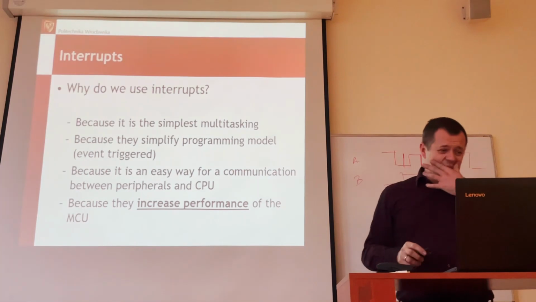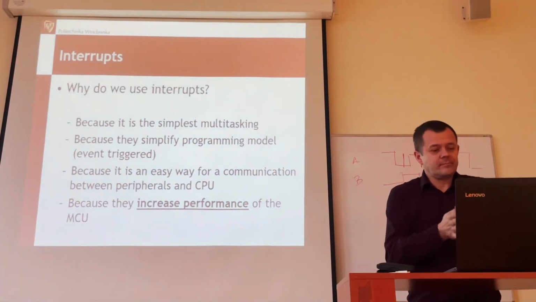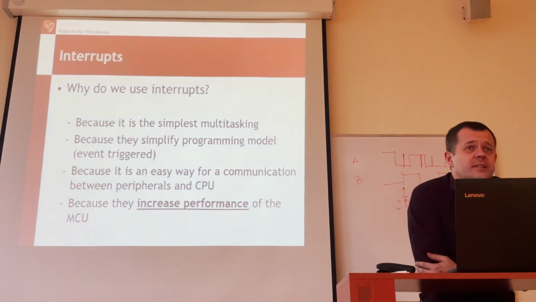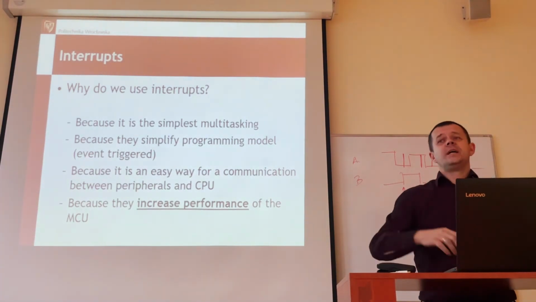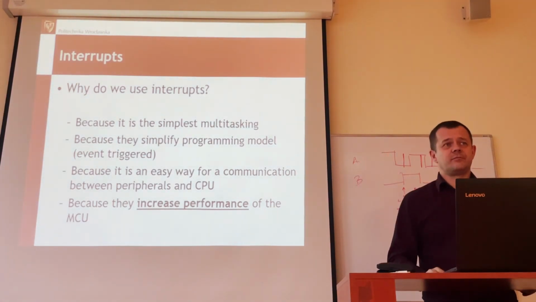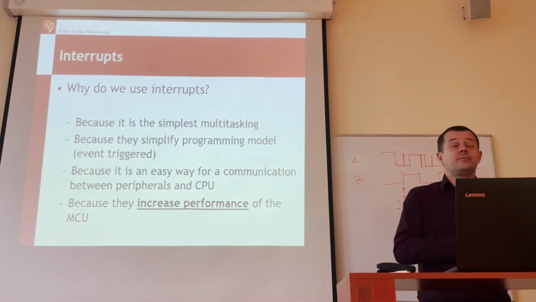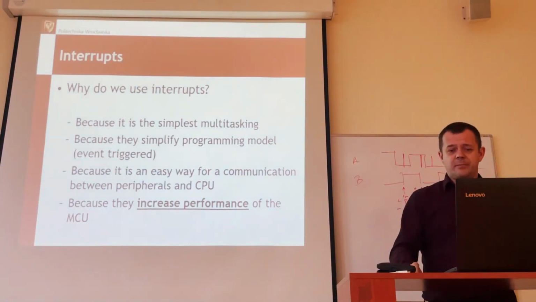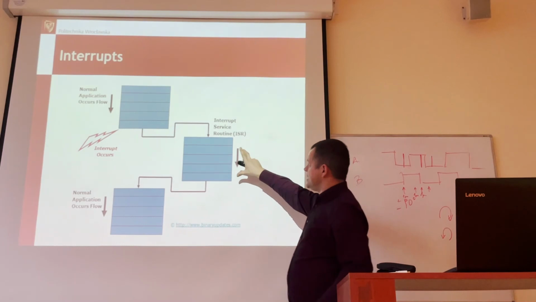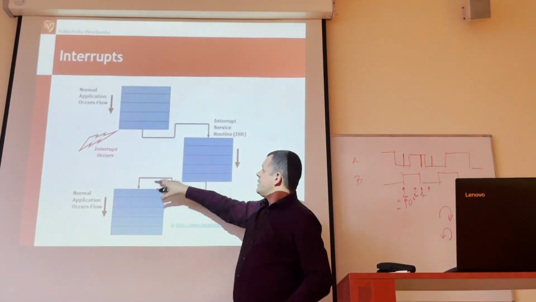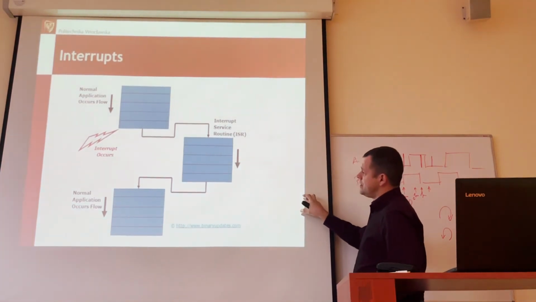So why do we use interrupts? First thing, because they are the simplest multitasking. They give us a chance to have different applications running at almost the same time. We call it preemptive multitasking, because they preempt the current application. We can also make nesting in case of interrupts.